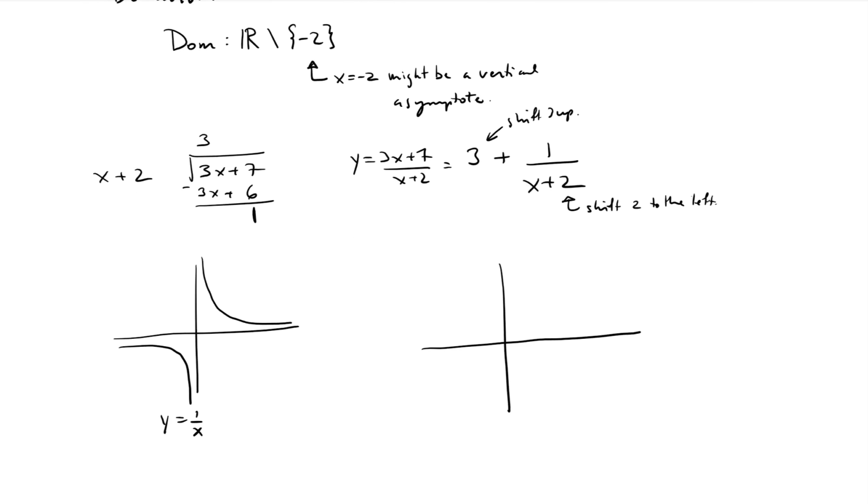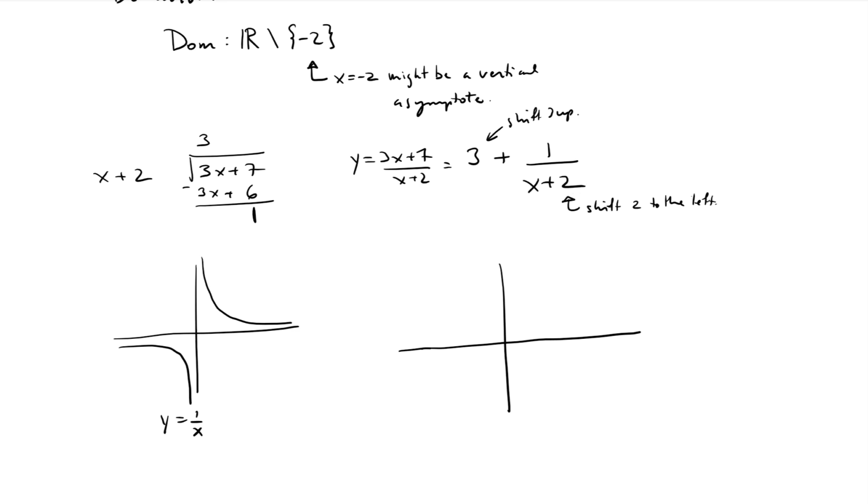Let's start with the shift 2 to the left. Here the order doesn't matter, but I tend to consider this first, because this is the one that's affecting 1 over x. So the plus 2 is affecting 1 over x first.